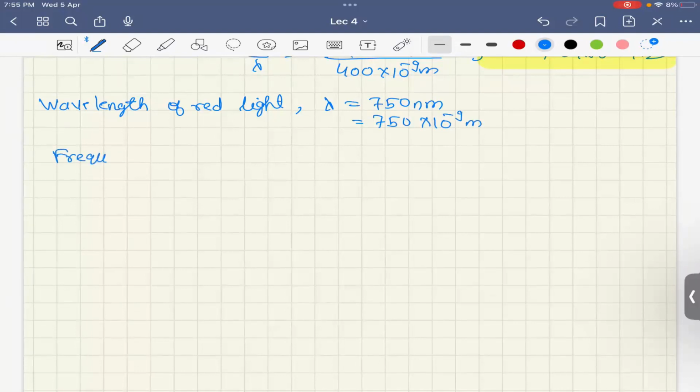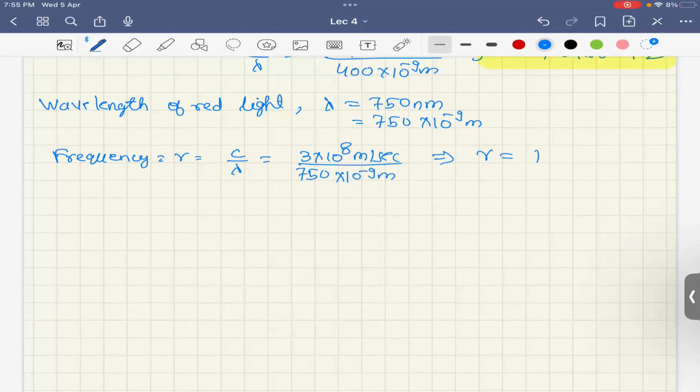So frequency, which is nothing but mu, which is c by lambda, is 3 × 10 raised to power 8 meter per second divided by 750 × 10 raised to power minus 9 meter, which implies mu is equal to 4 × 10 raised to power 14 hertz, right?